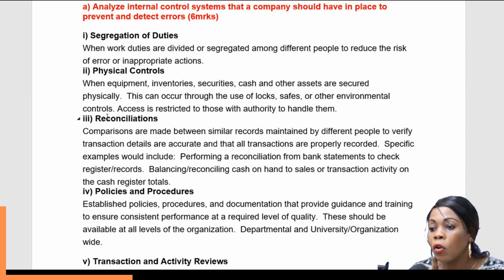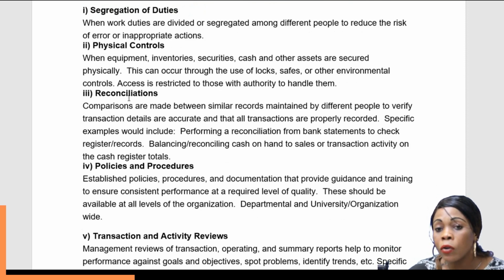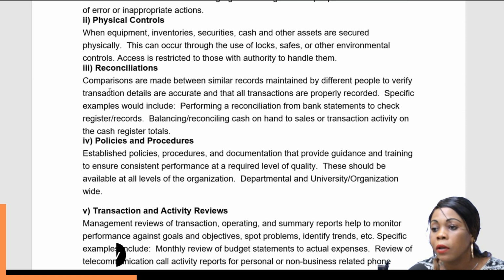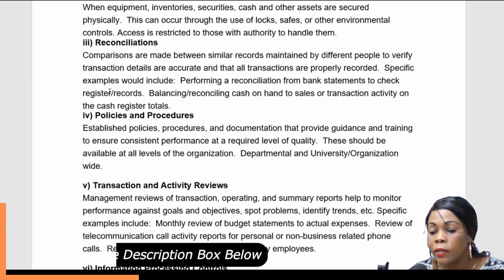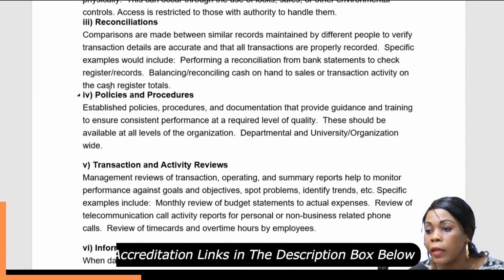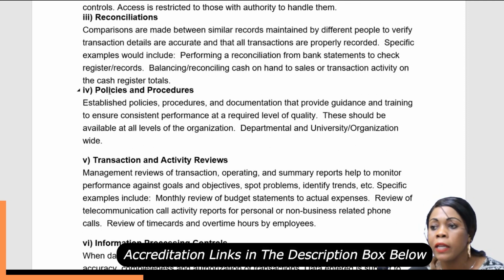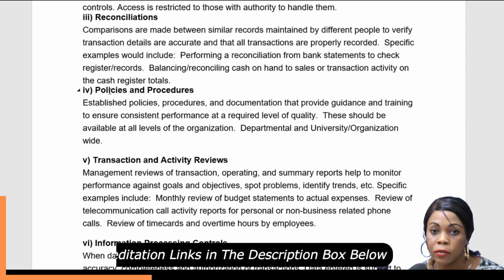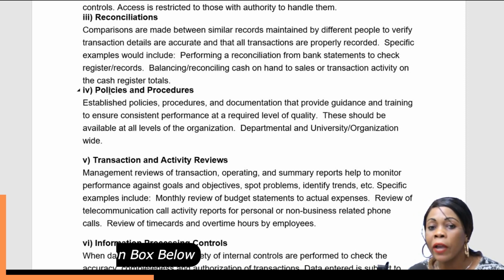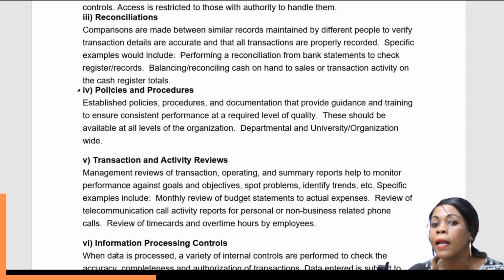Another internal control is reconciliations. Under reconciliation, we'll explain, comparisons are made between similar records maintained by different people to verify if the transaction details are accurate and that all transactions are properly recorded.